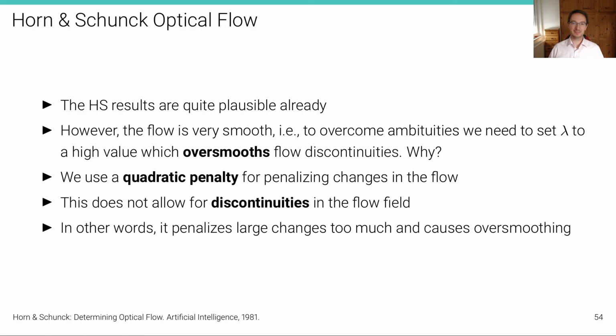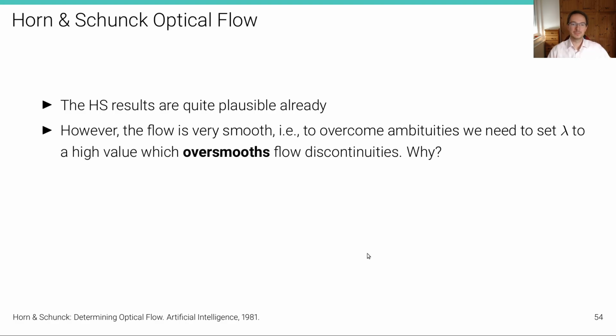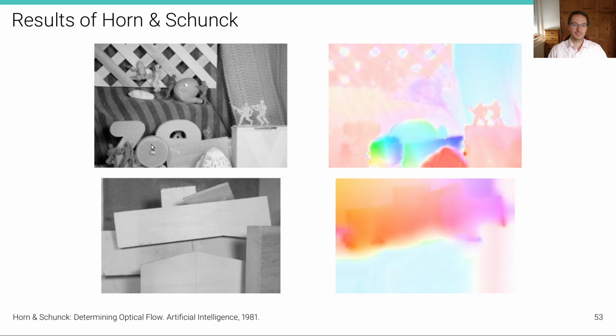If we have a quadratic penalty, for instance, for the change in optical flow, then that means that if we have a discontinuity in terms of optical flow, if there's two objects that have a very different optical flow, then the model gets penalized a lot for making a sharp transition there. And that's why we get these over-smoothing artifacts.